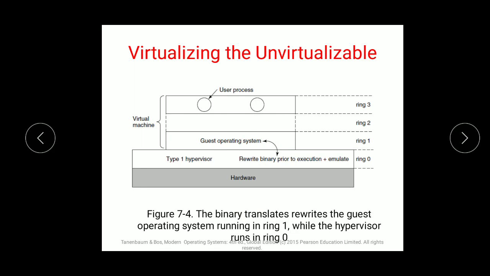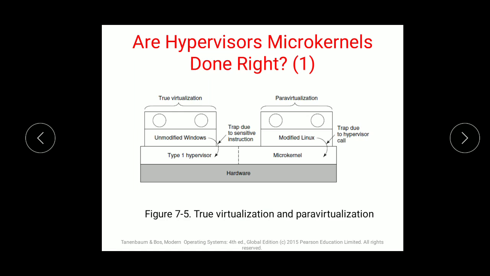Then the next question is: are hypervisors microkernels done right? Is there any solution? You can see they have connected one hypervisor with a microkernel, and they have their own methodologies running on it. Suppose I have hardware on which I have a type 1 hypervisor as well as a microkernel.